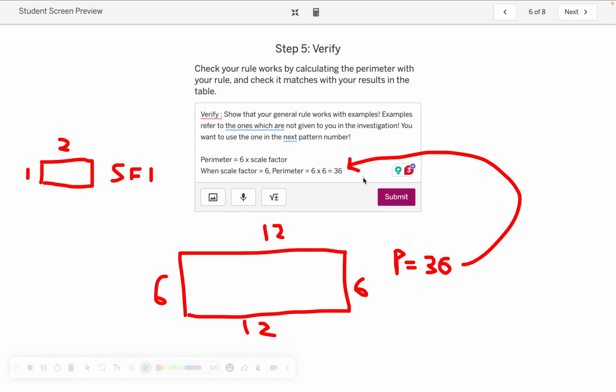Okay, so this is what verify actually means when it comes to a criterion B assessment, and we are expected to look at how you use the general rule to come up with the perimeter, and how you basically draw a diagram to show that the perimeter matches with the one that comes with the general rule. So that's what verify is really all about.